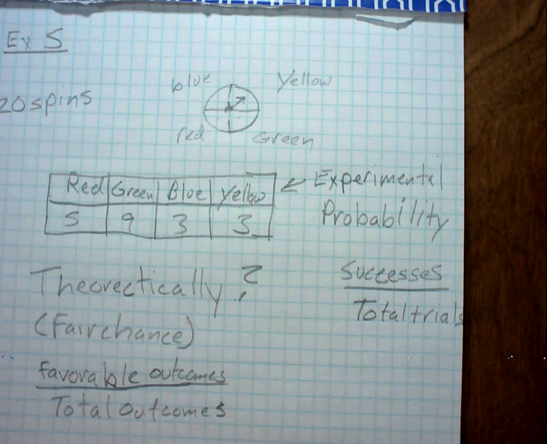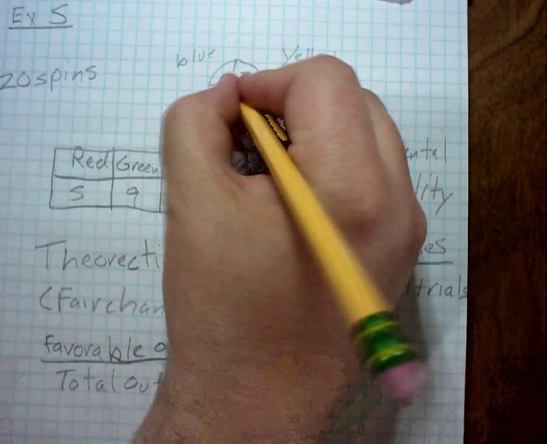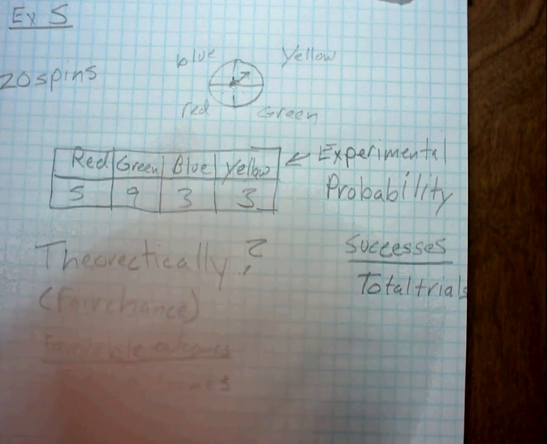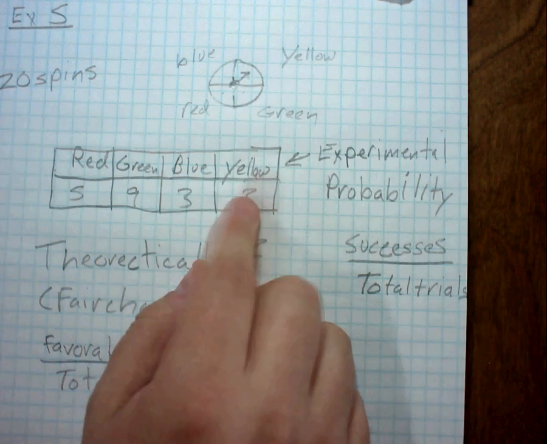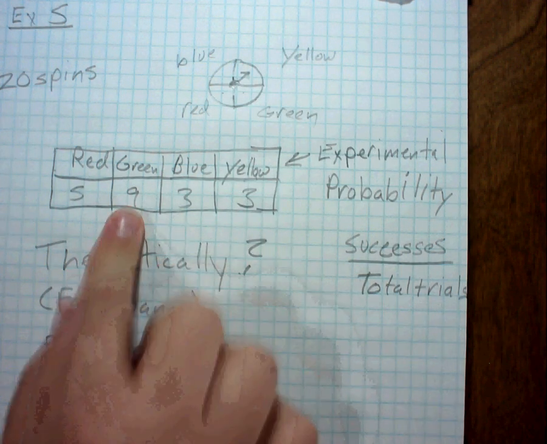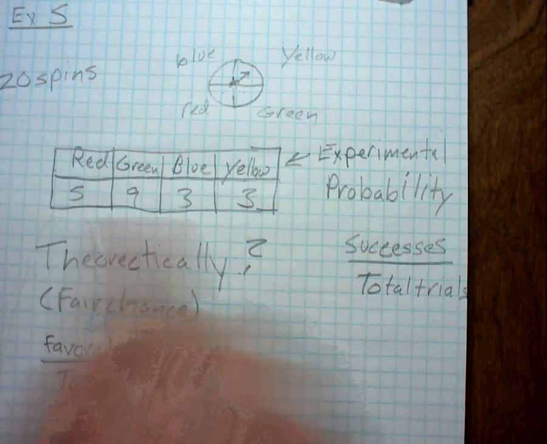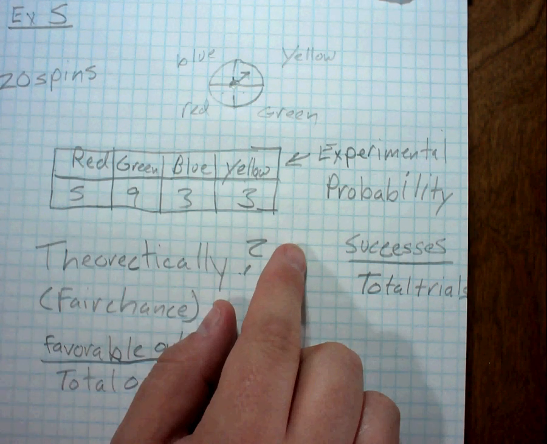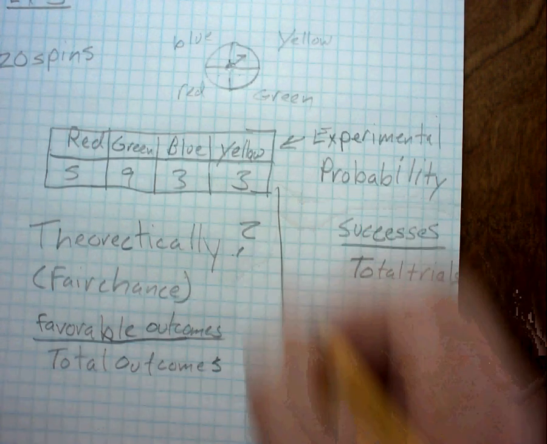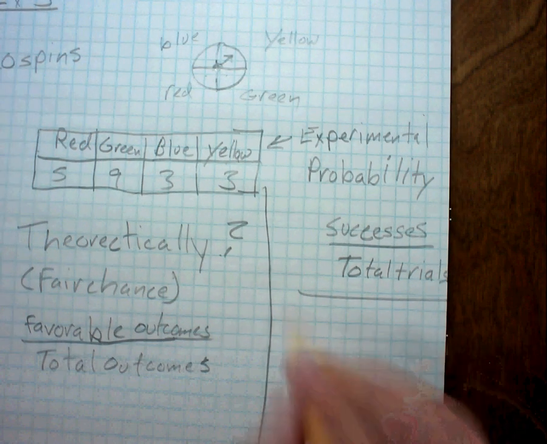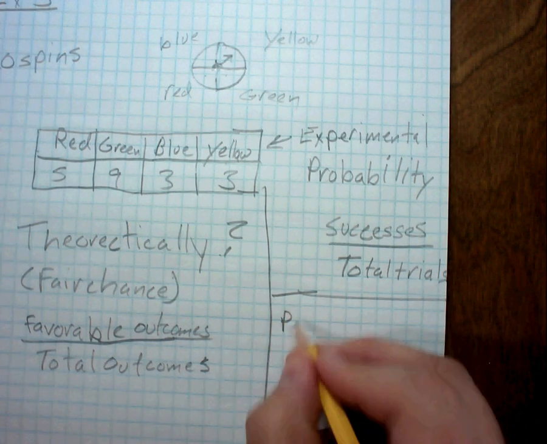Okay, so I'm going to let you in on a secret. Maybe there's something wrong with this device. Maybe the spinner sticks on the green, right? In other words, these should all be equal in number. So the first thing that we're going to do is figure out all the experimental probabilities for all of these.